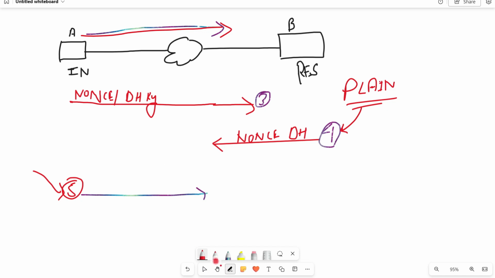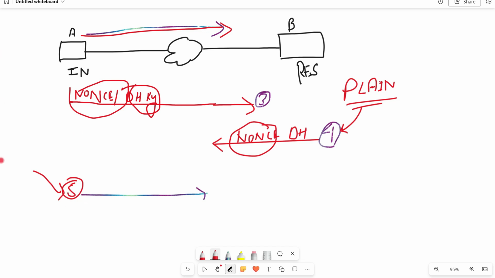Because now both parties have their nonce data and DH key. Both parties have generated a shared secret key, which we discussed in the PPT. I have already shown that. Now they have generated the shared secret key, and they will process that shared secret key.